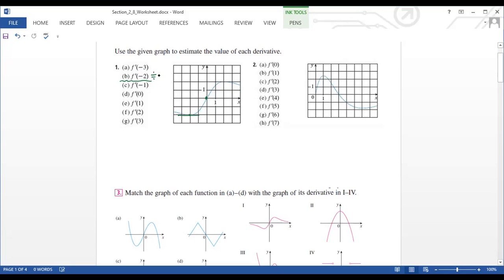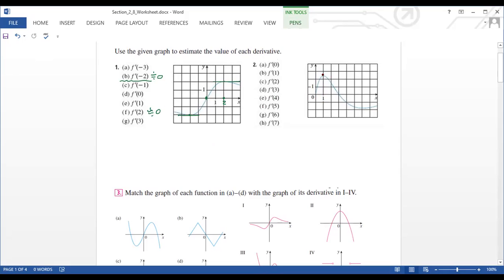So this is probably very close to 0. And here, this is x equal to what? This is 2, right? So f prime of 2 will probably be very close to 0. You see the graph and get an idea of the slope, a rough estimate.